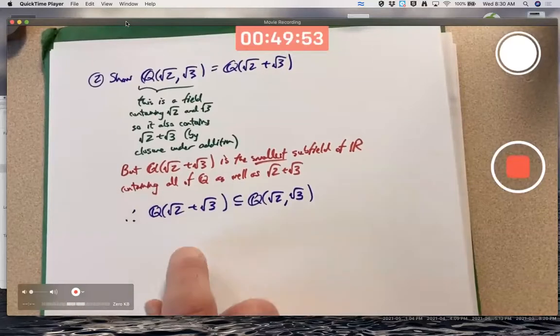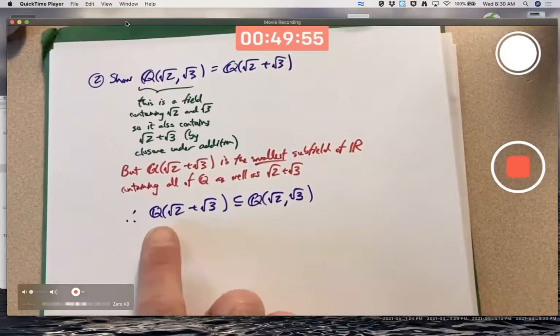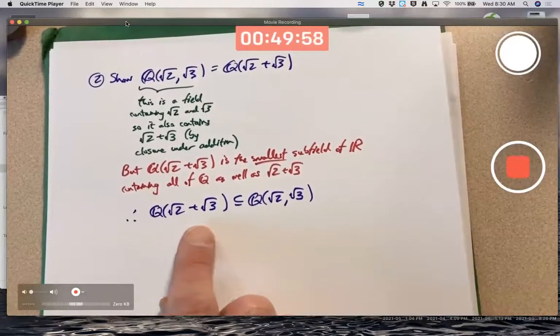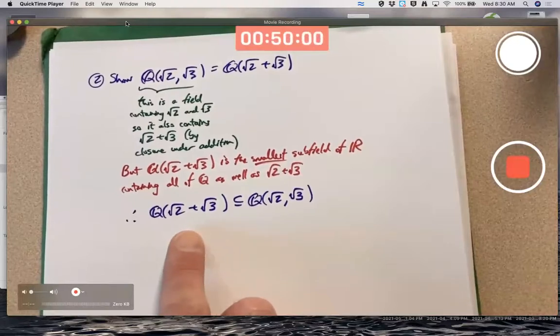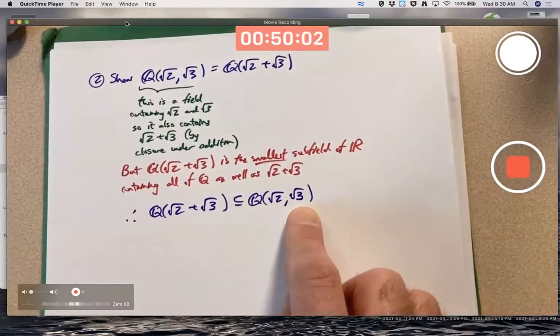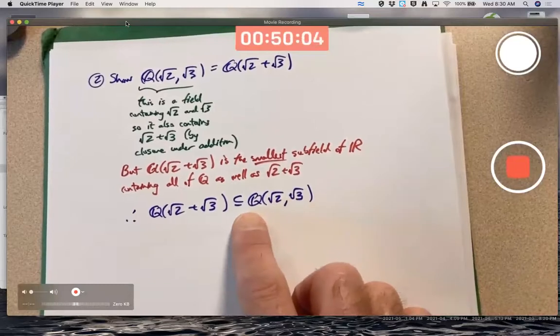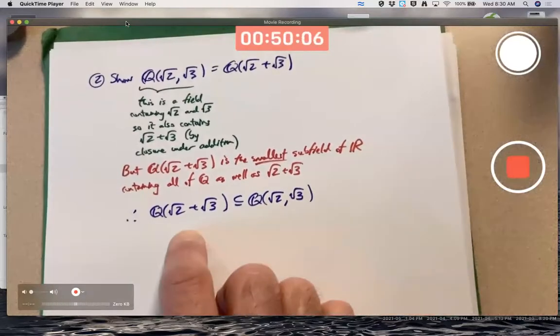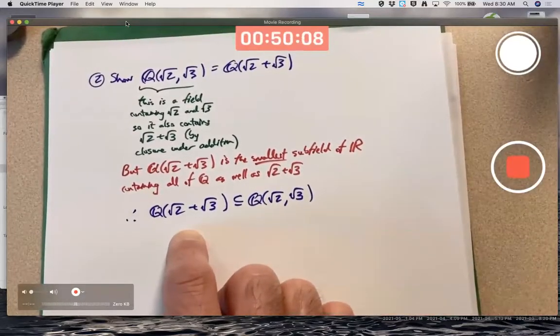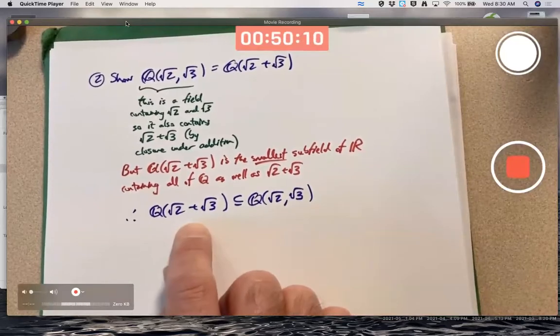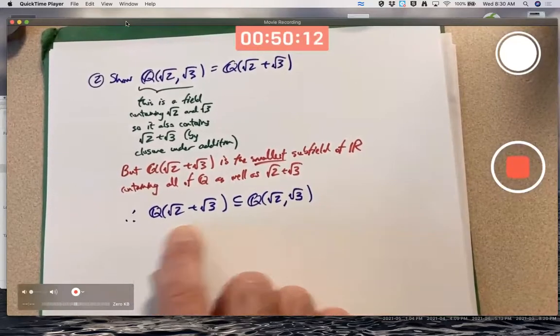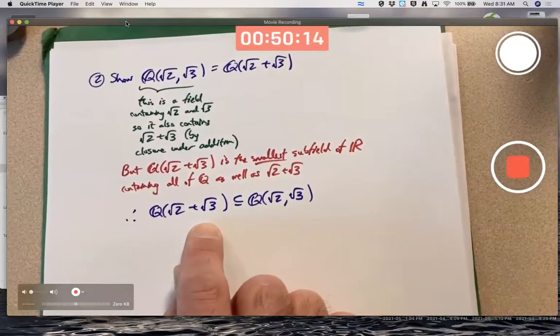Maybe I should show root 2 and root 3 individually are in here. Then this thing, being the smallest subfield of the reals containing the rationals and root 2 and root 3, would be a subset of that one. Maybe it's the same overall argument. But how do you show root 2 and root 3 are in here? That's the hard part.